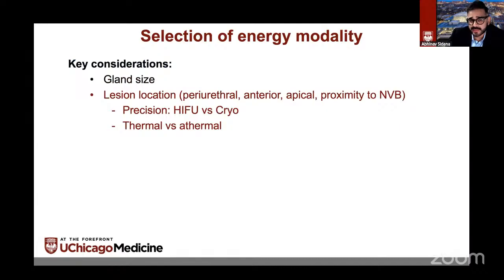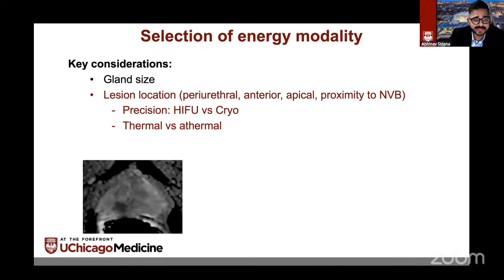The second factor, and I think the most important determinant of energy selection, is the lesion location within the prostate. Different energy modalities work better in different lesion locations. Take an example of this lesion in the lower left.